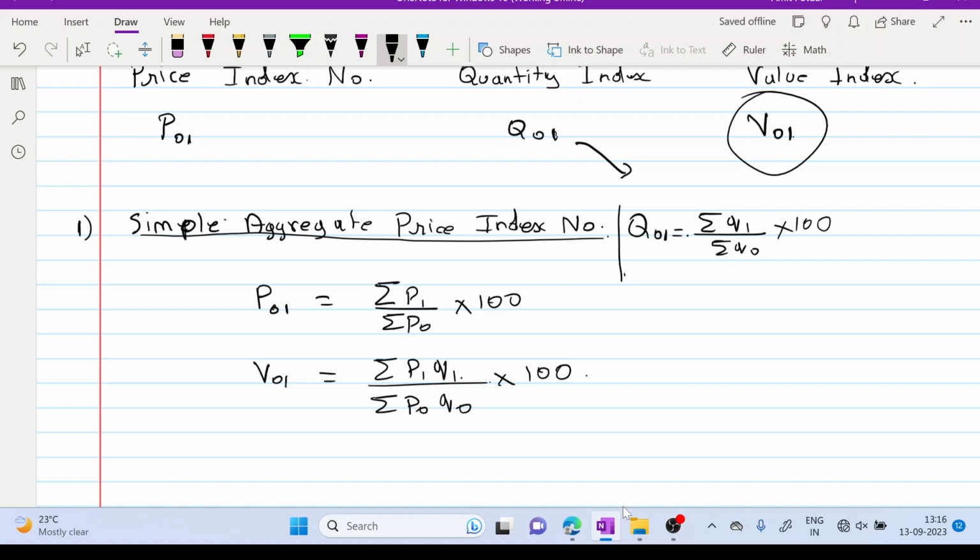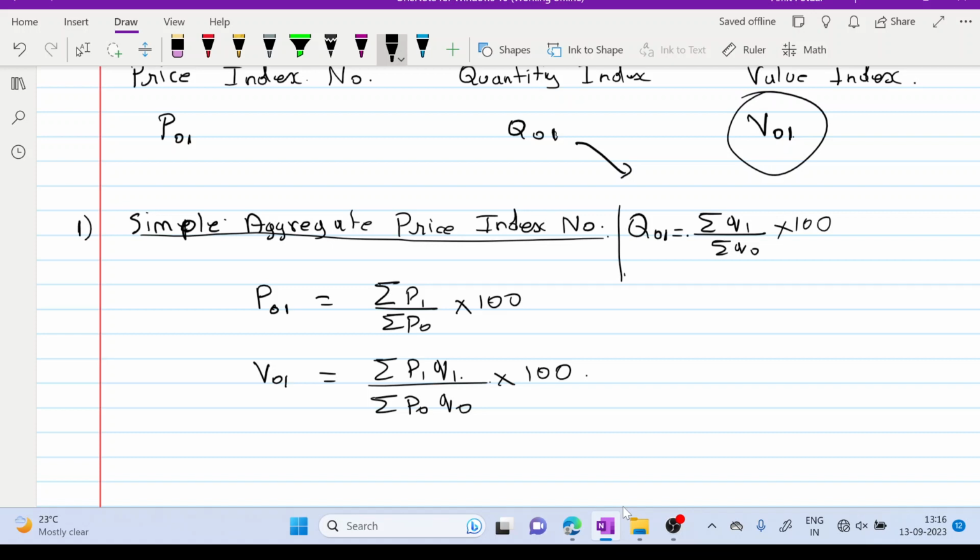Otherwise, if I don't write P1 Q1, the formula should be summation V1 upon summation V0. V1 is the value in the current year, which we find as P1 Q1. Value in the base year will be P0 Q0. So that's exactly what we are getting. Summation P1 Q1 upon summation P0 Q0 into 100. So that's the value index number.